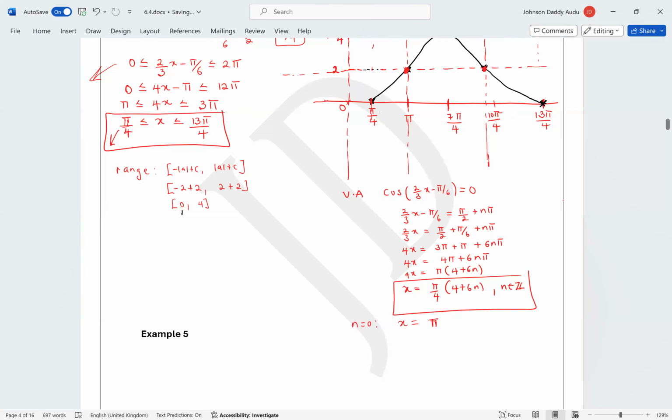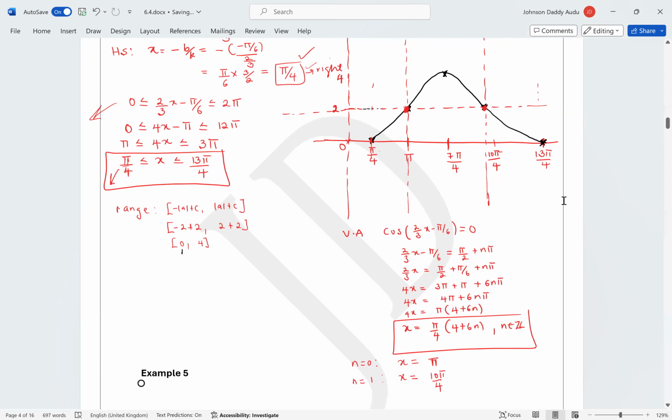Now, if you let n be equal to 1, what do we get? You will have 6 plus 4, so you have 10 pi over 4, which you can see is this point here. 10 pi over 4, when you trace it down.